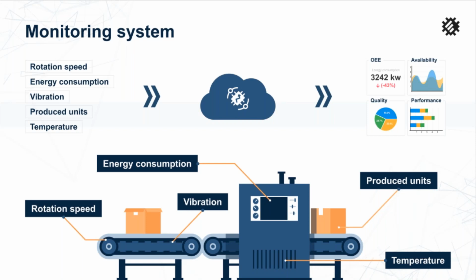We have just talked about the steps, and here is what can be monitored. If we are looking at production lines, here we have visualized it. We're monitoring simple metrics such as rotation speed, energy consumption, vibration, the speed of production, right?